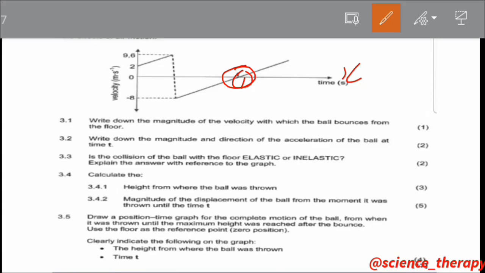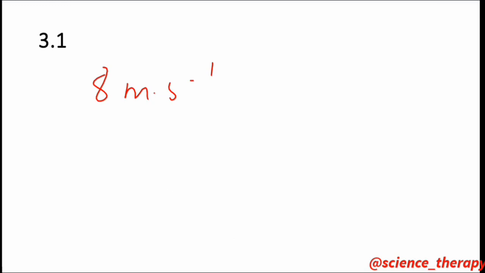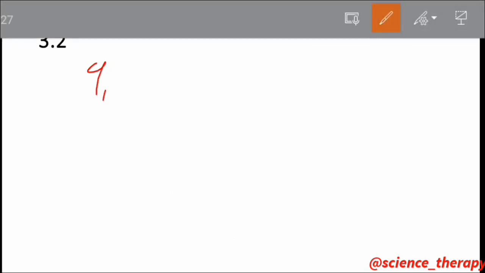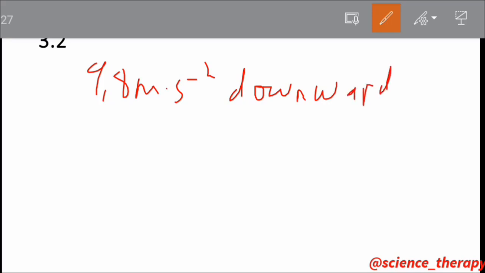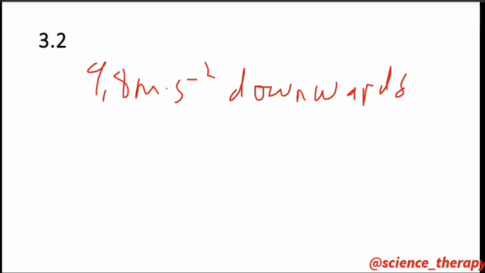So we know the acceleration is always 9.8 meters per second squared, and the direction of that is always downwards, whether the object is moving up or down. Remember, gravity is always acting downwards.